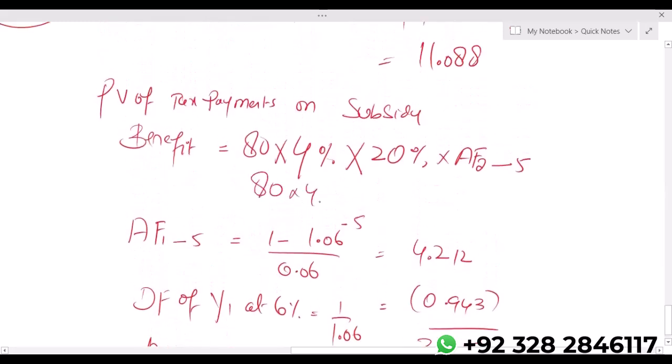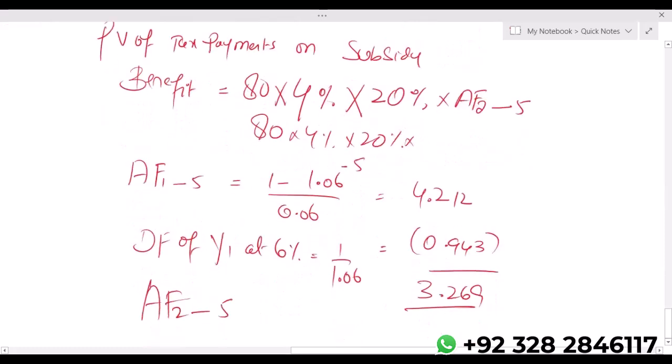So 80 into 4% into 20% into 3.269. So 80, then 4%, then 20%, then 3.269. I'm getting 2.092.